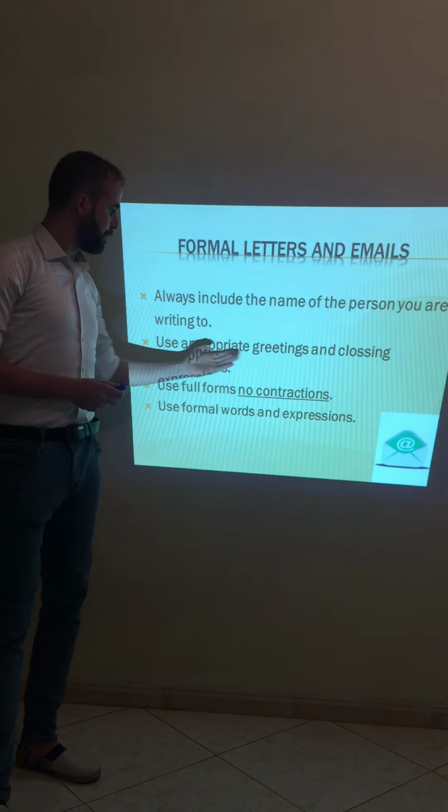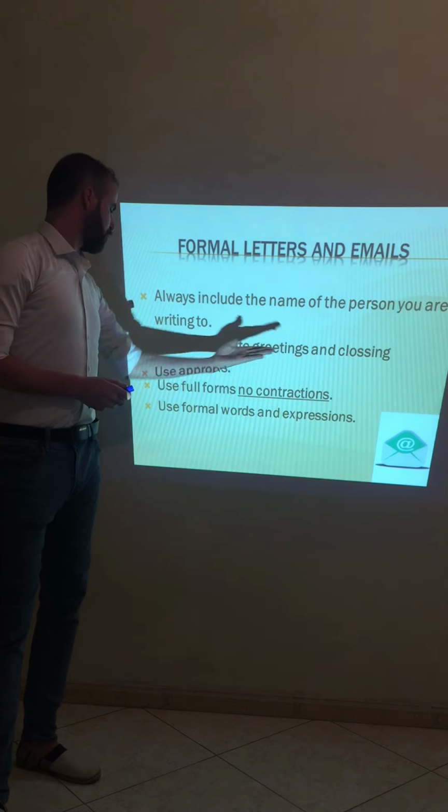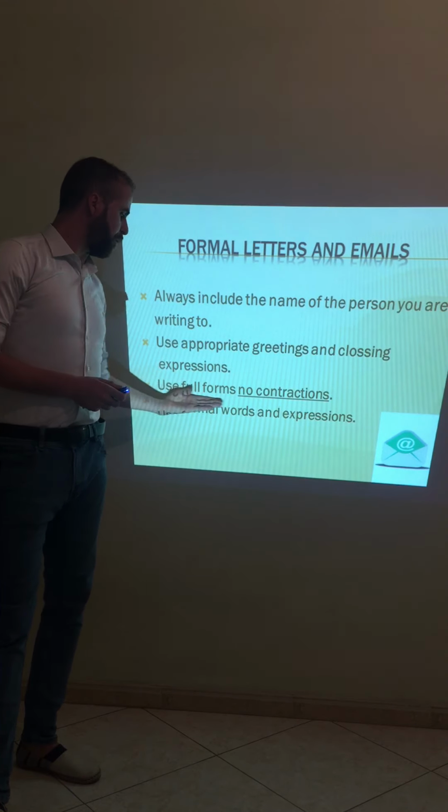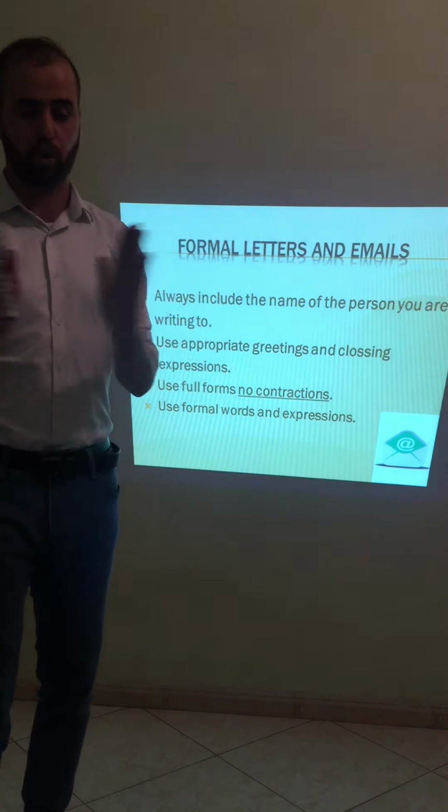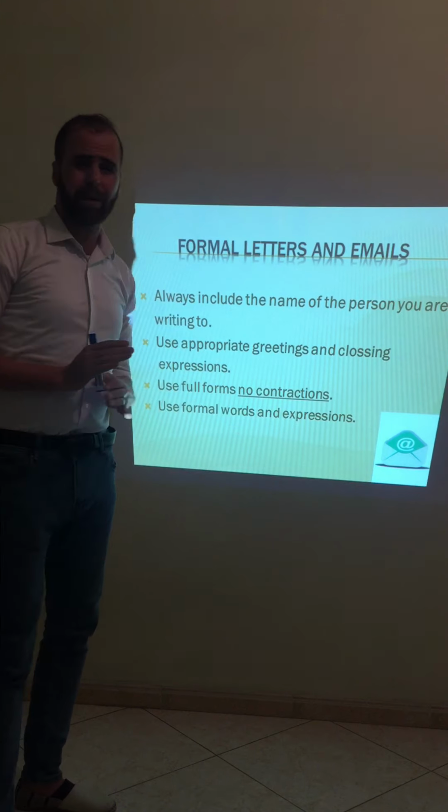Use the most appropriate ones. And we use full forms, no contractions. When you write a formal letter or a formal email, we don't use short forms, for example, can't, shouldn't, don't, doesn't. We use full forms.